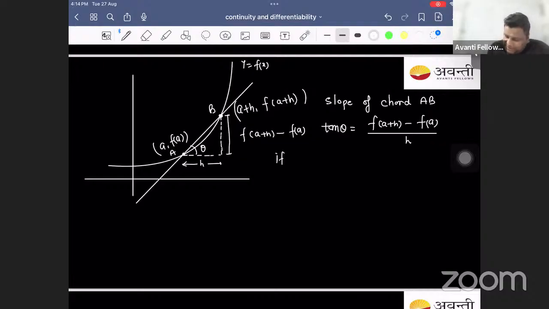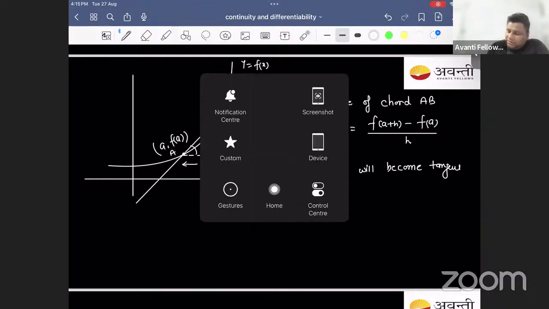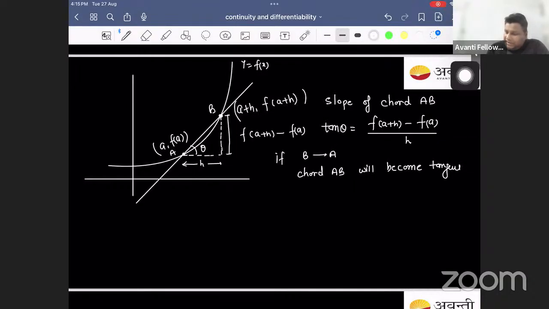Now, if B approaches A, B being to the right of A, chord AB will become the tangent at A. Yes or no?